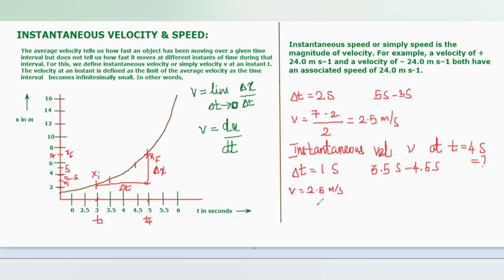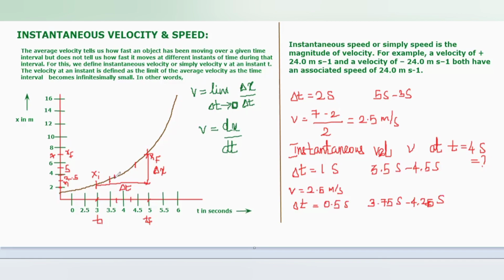Then decrease the time. Again, del t equal to 0.5 seconds. That means it will become 3.75 to 4.25 seconds. So 3.75 to 4.25, that is 0.5.